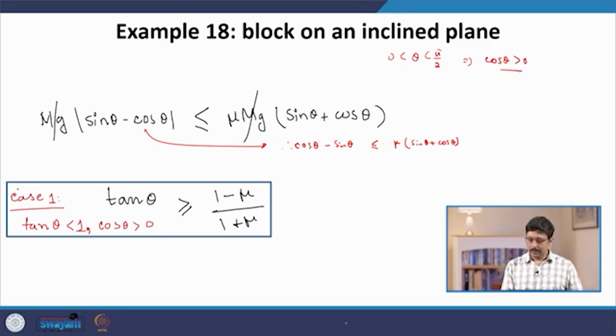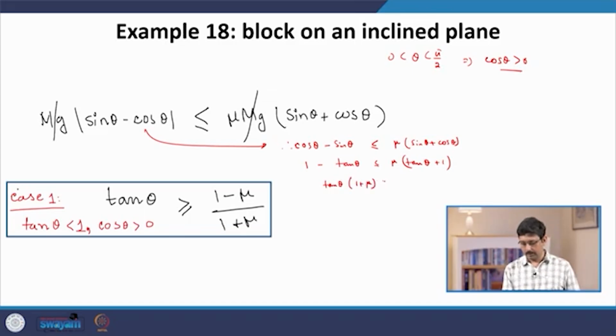If I divide both sides by cos theta, which I can do because it is a positive number, then we get 1 minus tan theta is less than or equal to mu times tan theta plus 1. Now, if I rearrange terms, we get tan theta times 1 plus mu on the right hand side is greater than or equal to 1 minus mu.